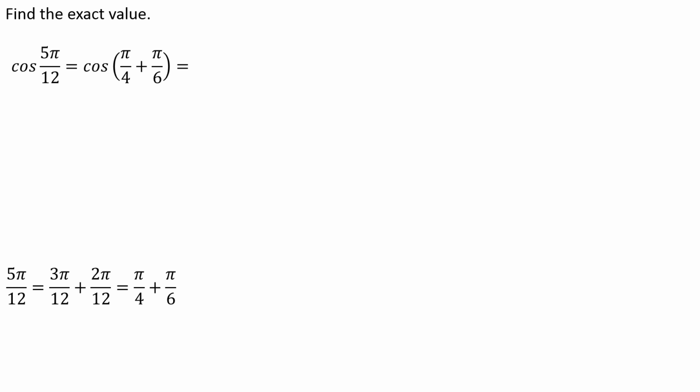Remember, cosine keeps the functions together. So it's going to be cosine u cosine v minus sine u sine v. Cosine of u is cosine pi over 4. Then we need cosine of v, so there's a pi over 6, minus sine u sine v. All right, it keeps the functions together.